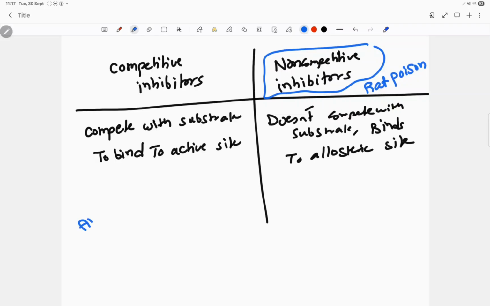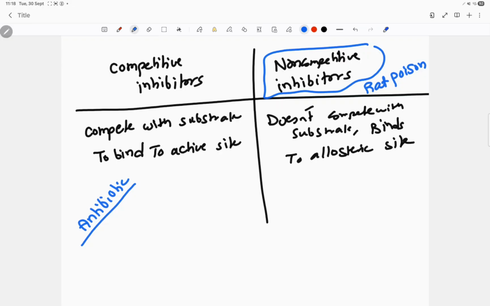But antibiotics will always have to compete with the substrate. That's why the doctor might say, you must take this twice a day, or let's say one time a day, not only one time, because it will always have to compete with the substrate. Whichever has the higher concentration wins. Okay?